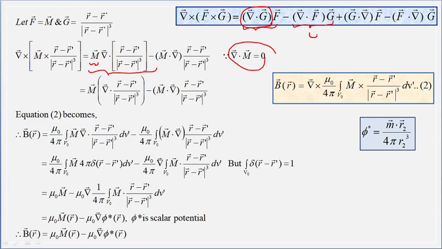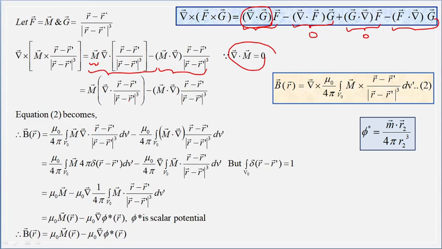This part, if you apply your theory, will also be equal to 0. Then this part here is this one. F is M, then G is R minus R dash divided by R minus R dash cubed. Then we write it like this, and this is as it is.